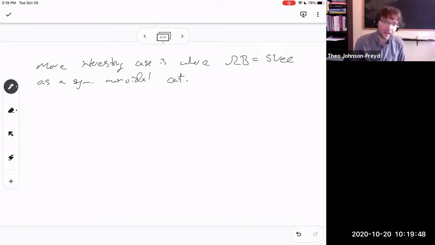And so you could ask, can we classify topological orders with this case? So this is where, again, I'll call my objects 1 and E, but now E is a fermion.